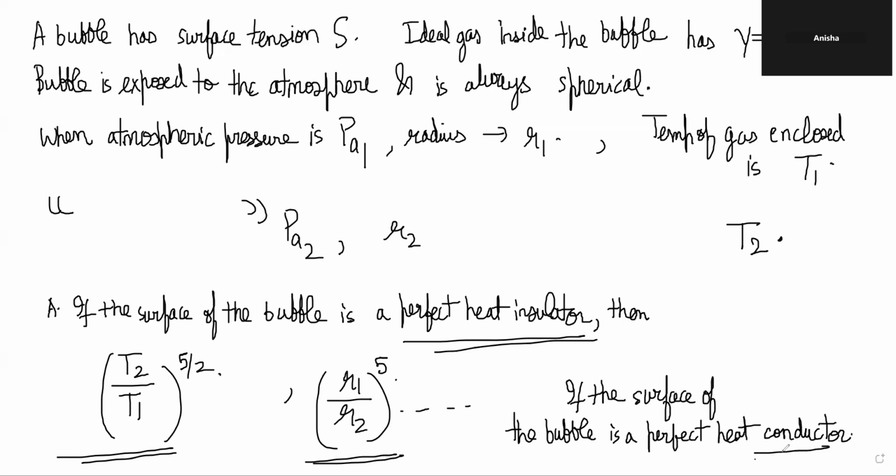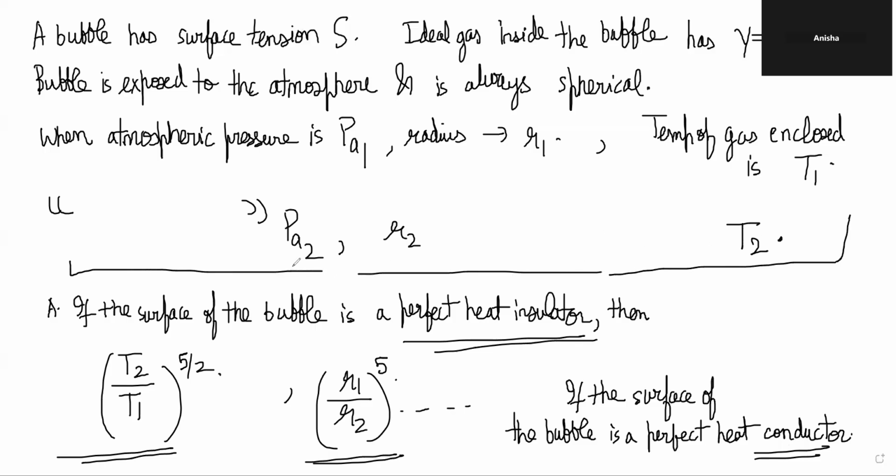In these cases, we have to think about what is the ratio of R1 by R2 or T2 by T1 and so on. They have given us data points of two different settings when the pressure of the atmosphere was PA1 and PA2, right? So think about it.